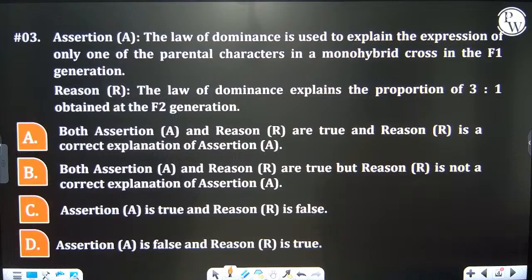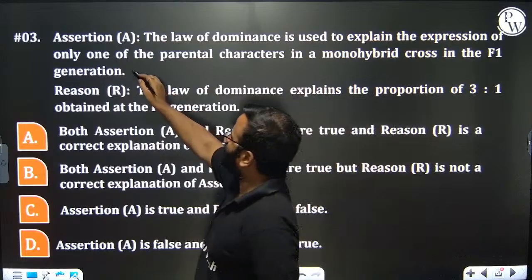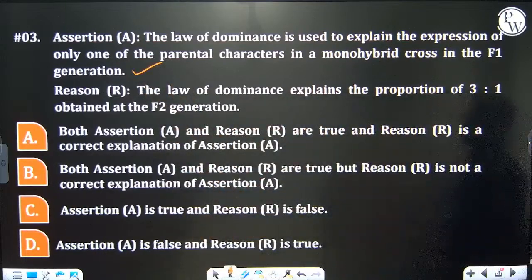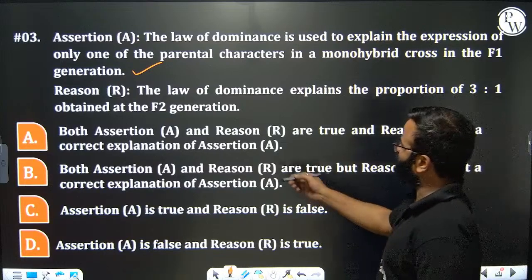Next one, third question. The law of dominance is used to explain the expression of only one of the parental characters in a monohybrid cross in the F1 generation, isn't it? So it sounds true to me. Next, the law of dominance explains the proportion of 3:1 obtained at the F2 generation, which is true.